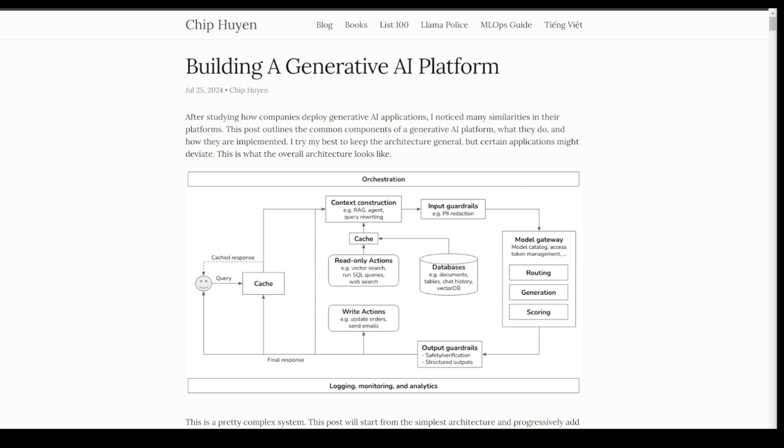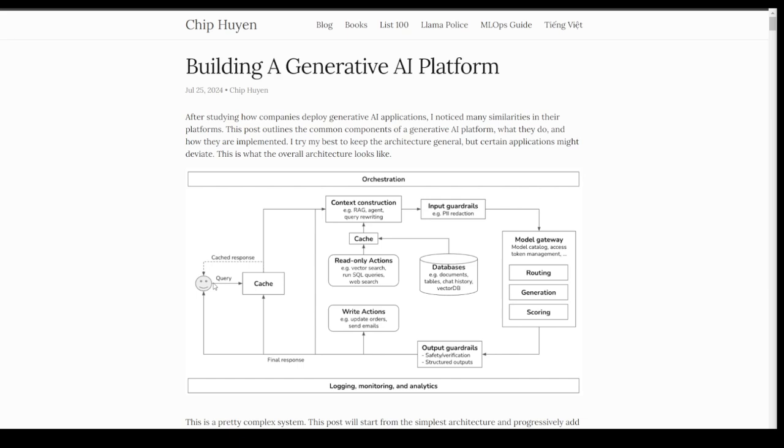Just to give a brief glimpse of what we did in the first part: for the complex architecture that we are trying to develop, we built it from scratch, starting with one of the simplest components, in which we were just using the query, the model API, and then finally generating the response. Then we saw that if we do context construction, we can definitely improve the quality of the results that we get from our model.